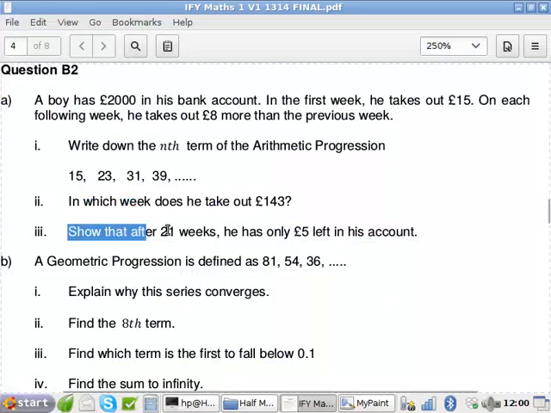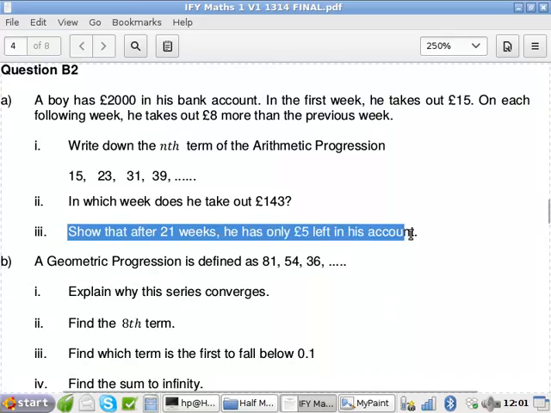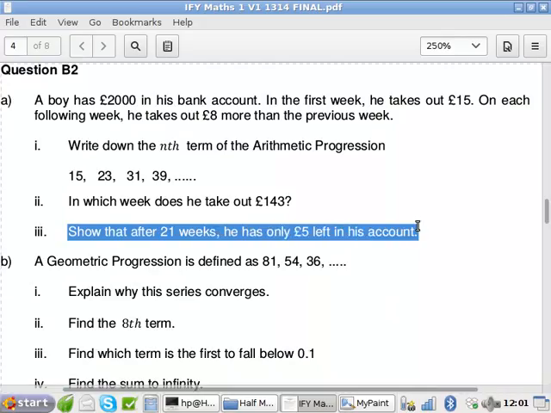Right, the next part now. Show that after 21 weeks, he only has £5 left in the bank. Yeah, good question. See if you remember it.